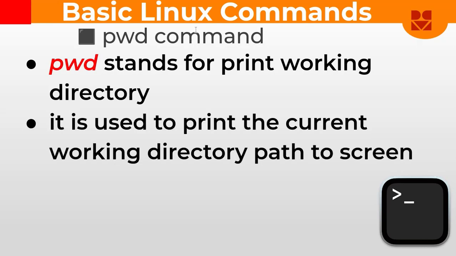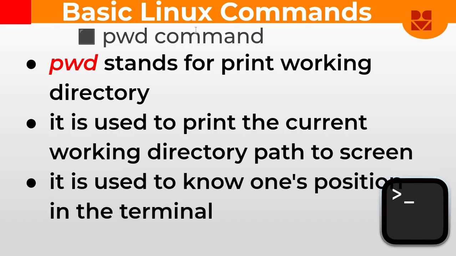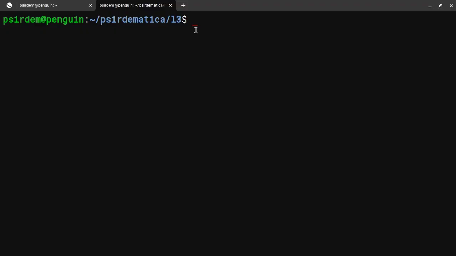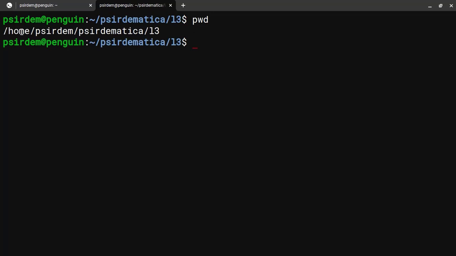So that is used to print the current working directory path to the screen. It is used to know one's position in the terminal. So if I'm here and I want to know where I am, I'll just do pwd, and then this is a long path from home.